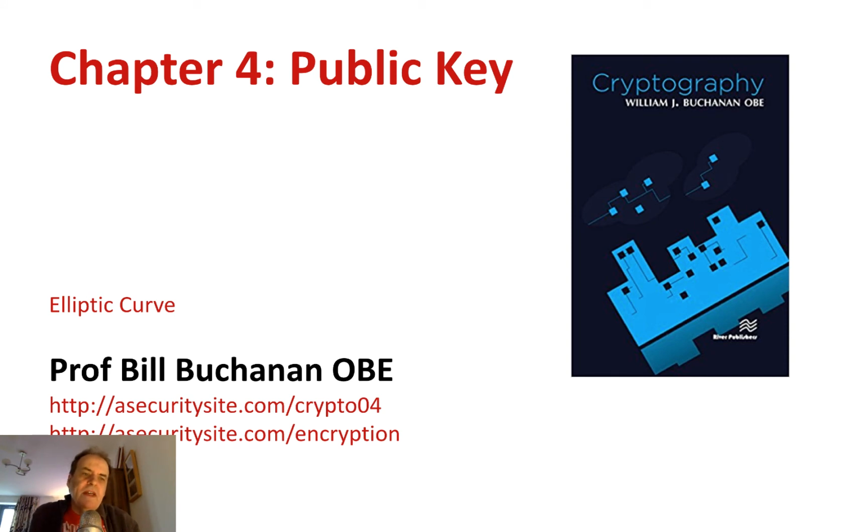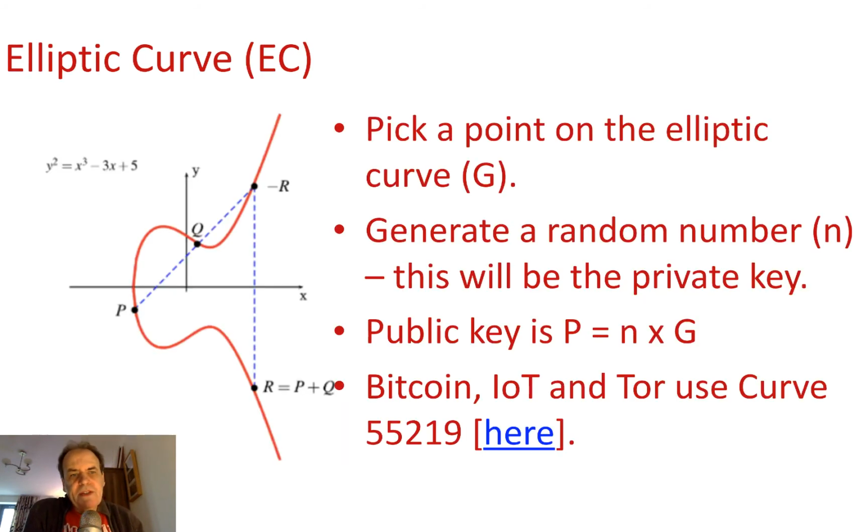Okay, so let's now look at elliptic curve, which is taking off massively and replacing RSA in many applications. So with elliptic curve, what we have is an equation such as this, and it produces an elliptic curve such as that.